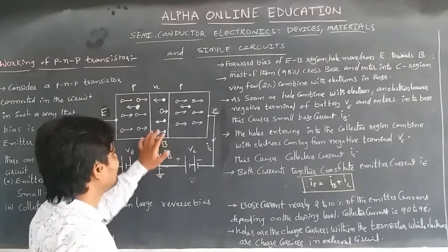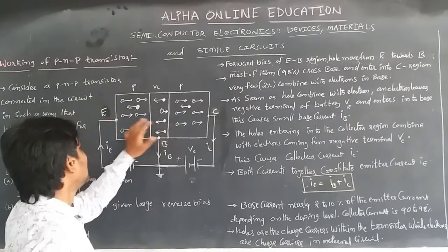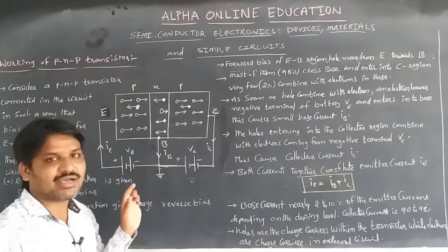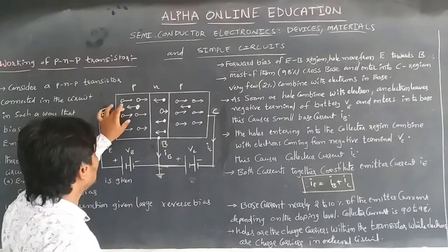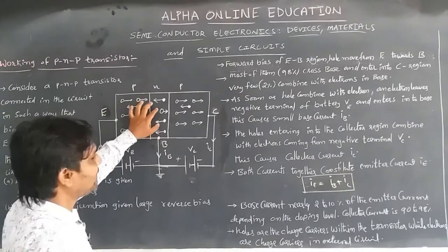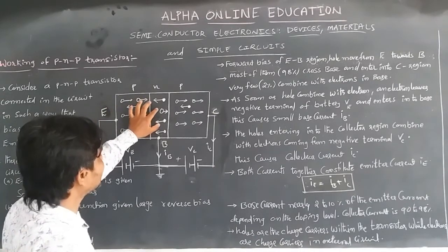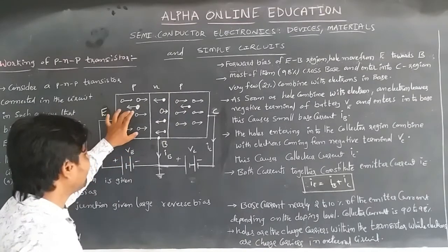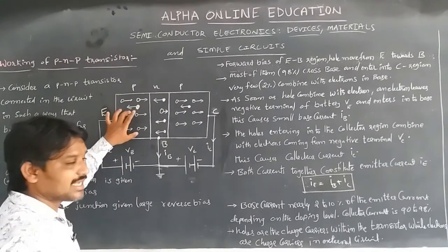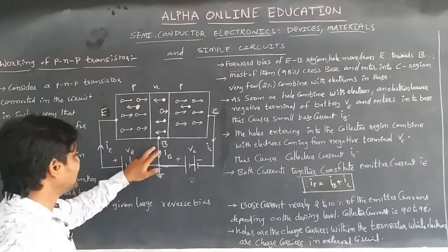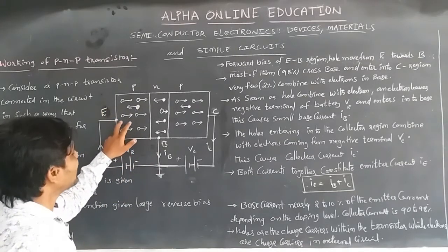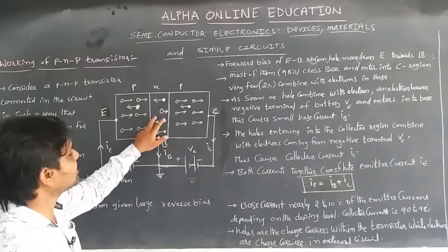Whenever the emitter-base junction is forward biased, the emitter will emit holes and they enter into the base.